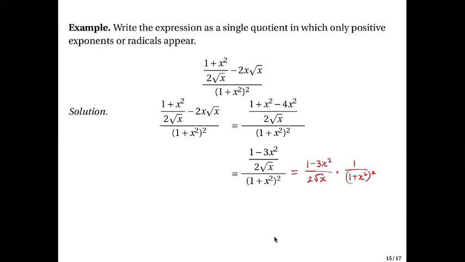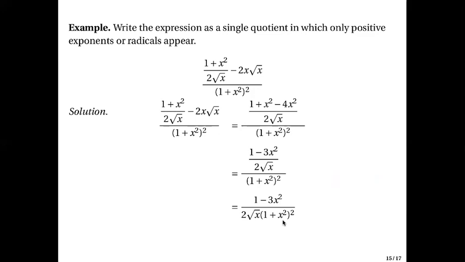So if we multiply this, okay, we will get this expression here. So 1 minus 3x squared over 2 square root of x, 1 plus x squared squared. Okay?